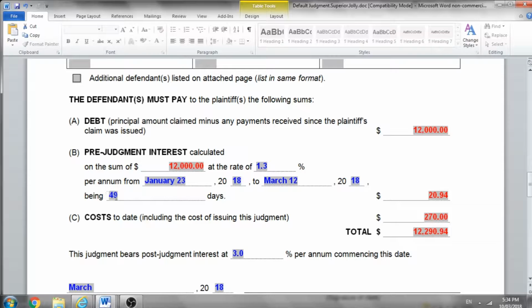And in this case, being 49 days, what we do then is we take $12,000, we multiply it by 1.3%, we multiply that figure by 49 days, and then we divide by 365 days, being the number of days in each calendar year, and that will provide us with the prejudgment interest amount, in this case $20.94.